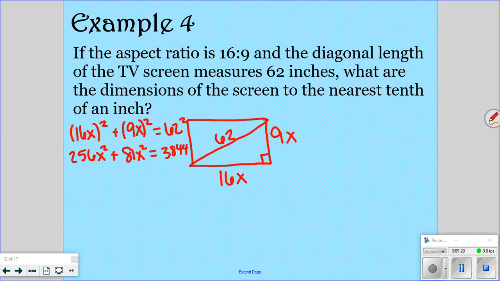So if you combine your 256 and 81, you're going to get 337x squared, and then equals 3,844. Then you're going to divide by 337.